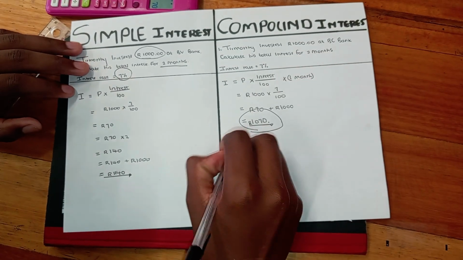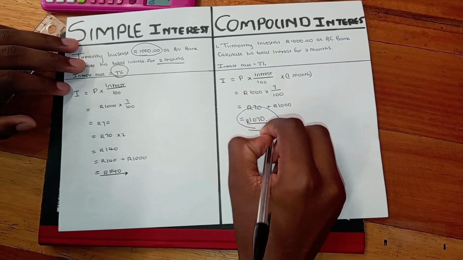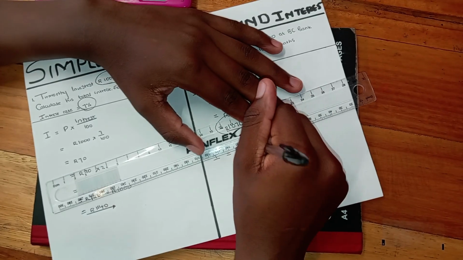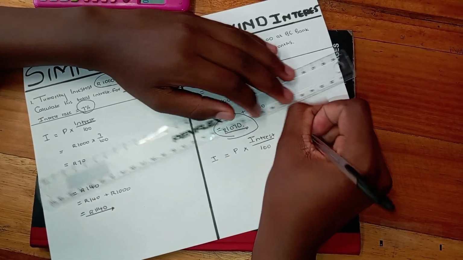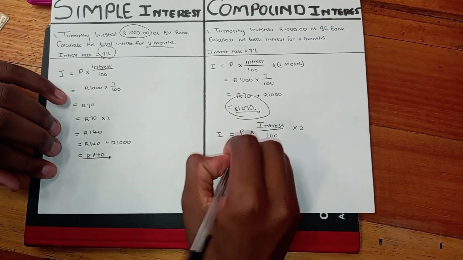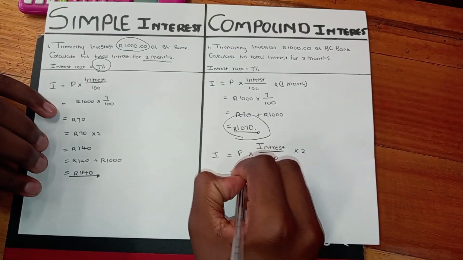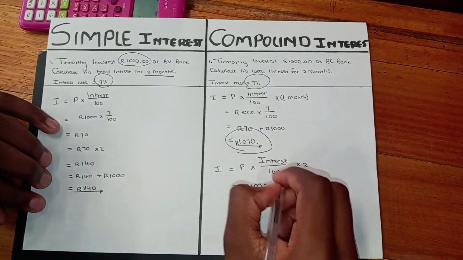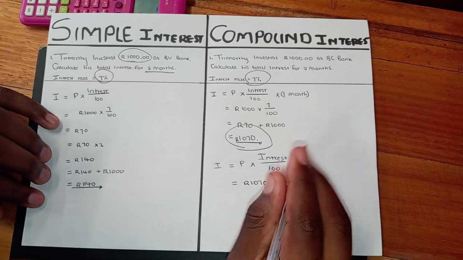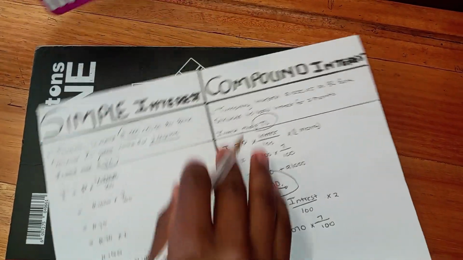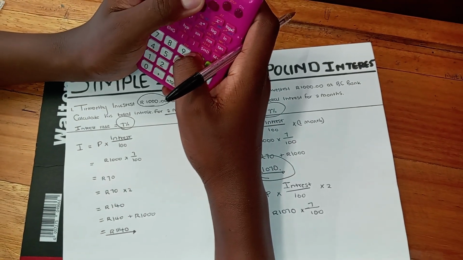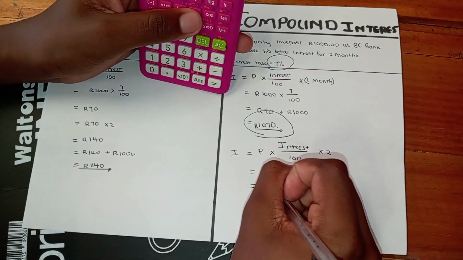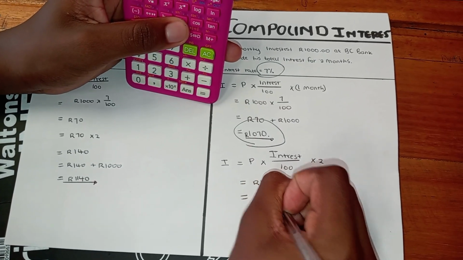So for month two, interest is equal to principal amount multiplied by interest rate over 100. Writing the formula is sometimes quite helpful. So the principal amount being 1,070 rands multiplied by our interest rate of 7%, 7 over 100, is equal to, we put it in our calculator, 74 rands point 9.